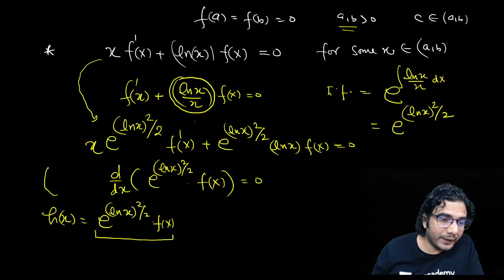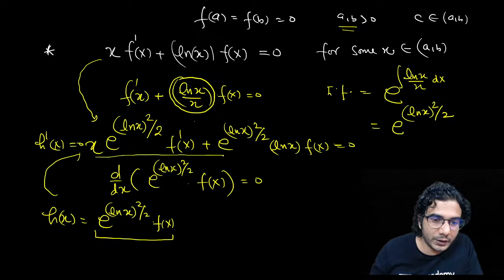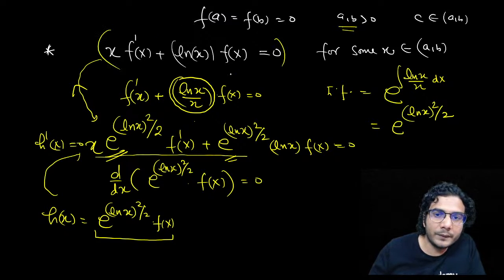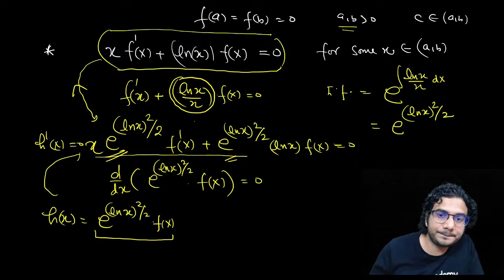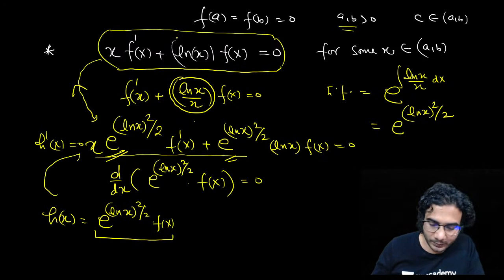So its derivative, which is h dash, will be 0. Now let us go backwards. When this is equal to 0, after dividing by this common factor, the integrating factor e raised to (ln x) the whole square by 2, because it's non-zero, we'll reach this equation. Yes, we can write like this. I got your point, which I missed actually.